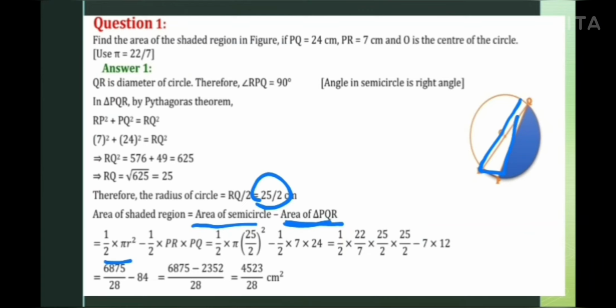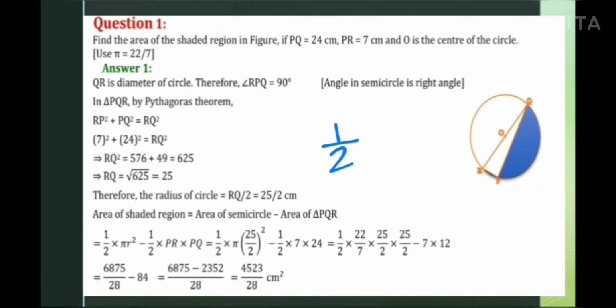Put in the formula, the area of this minor sector will be 132 by 7 centimeter square. But you need this section, right? So as you can see, the area of this circular region will be area of circle minus the area of this minor sector.